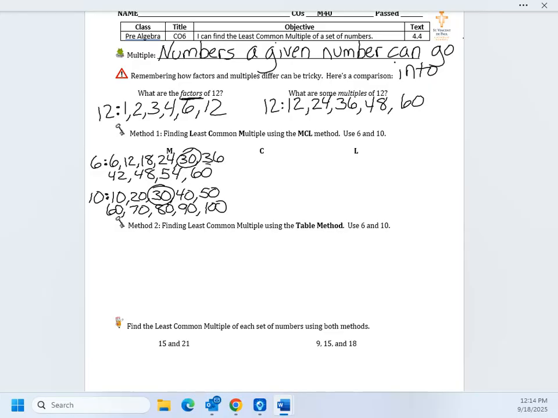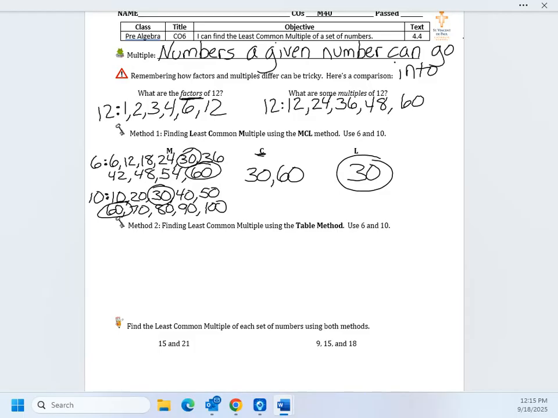Grace? 60. Okay, so common multiples are 30 and 60. Now the L. What's the least of the common multiples? Henry? 30. So our least common multiple of 6 and 10 is 30.